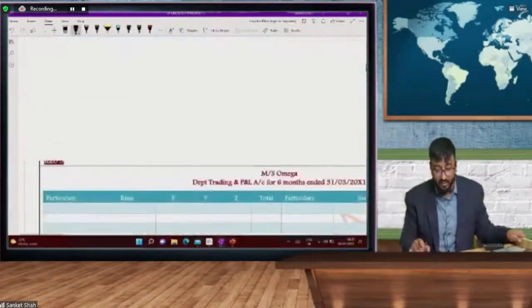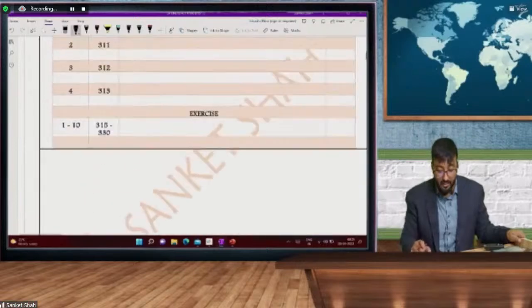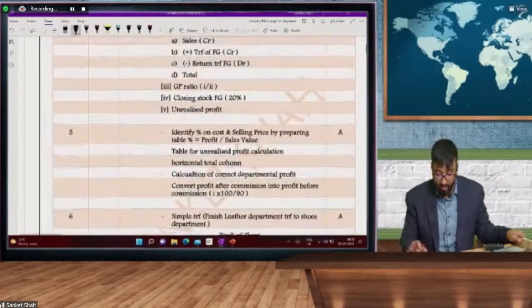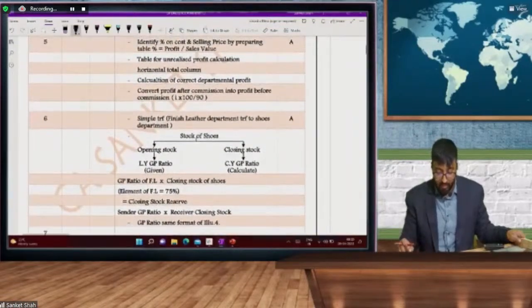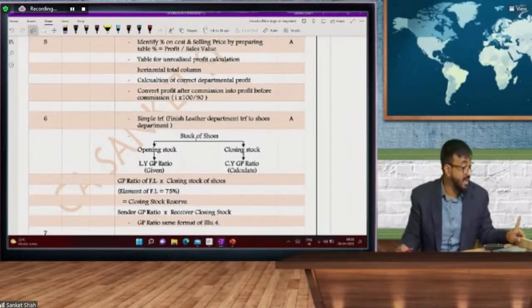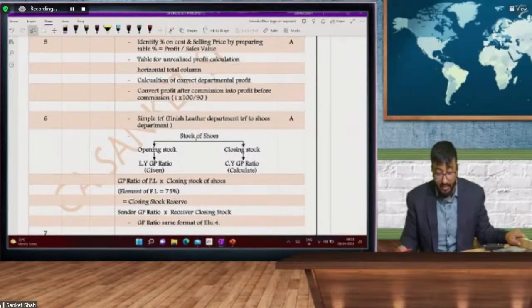It is only unrealized profit which is included in closing stock. So yes, fifth and sixth screenshot. Fifth one: identify percentage on cost and selling price, by preparing a table. Yes beta, in the last question we prepared a table for unrealized profit calculation. Which total, vertical or horizontal? Horizontal. Calculation of correct department profit: convert after-commission profit to before-commission profit. This is how you are going to solve that question.